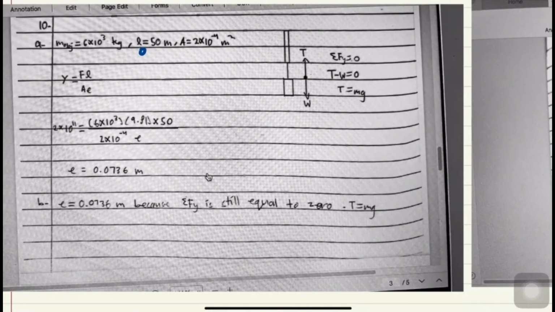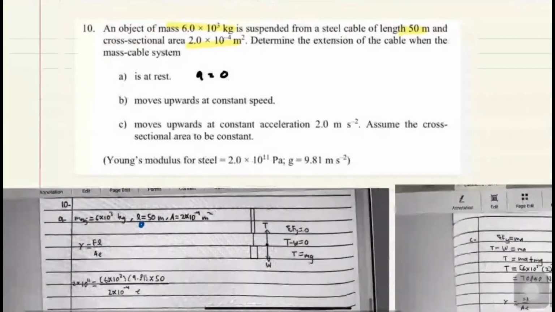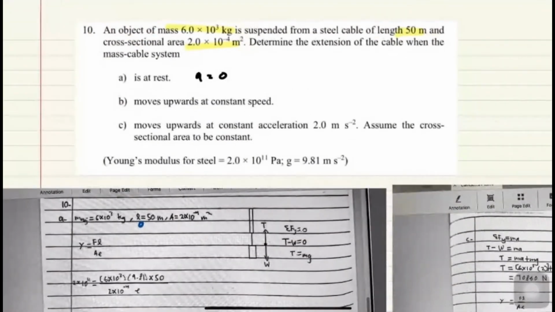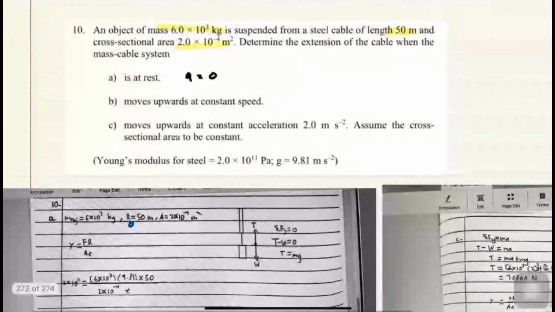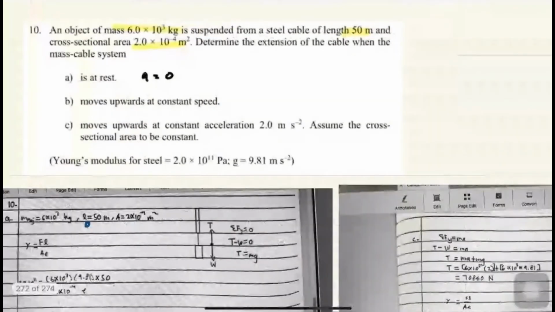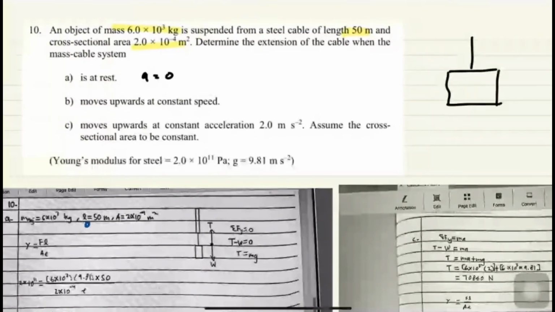Okay, sekejap. Kalau ikut soalan, dia kata objek ni suspended from a steel cable. Macam yang kamu lukis lah. Saya lukis balik kat tepi ni, just nak tunjuk kamu je. Okay, mass dia diberi. M tu given lah.